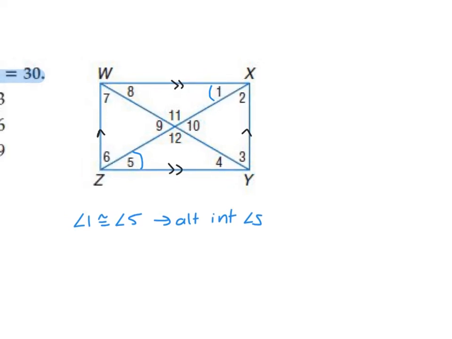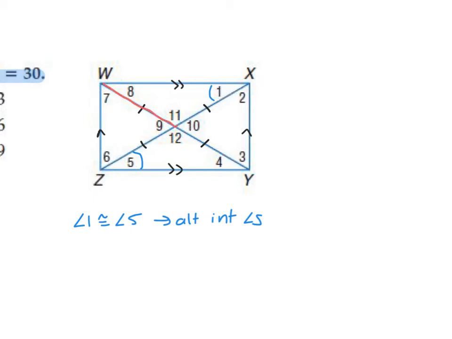Now let's use one of our new rectangle facts. We know that because the diagonals of a rectangle are congruent, all four of our segments are going to be congruent. So if you look at what we have here, we actually have 4 different isosceles triangles.